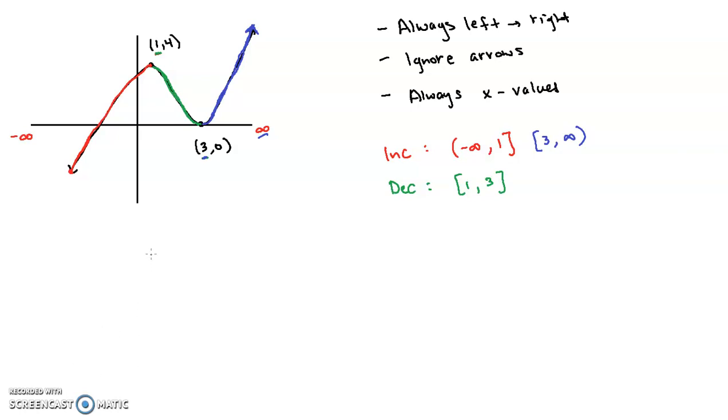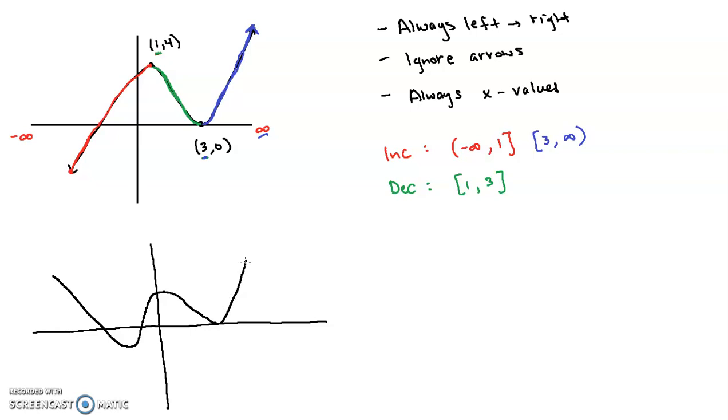Okay, let's try one more. All right, let's say this is negative 4, 0, negative 2, negative 2, negative 1, 0, 0, 3, 5, 0.